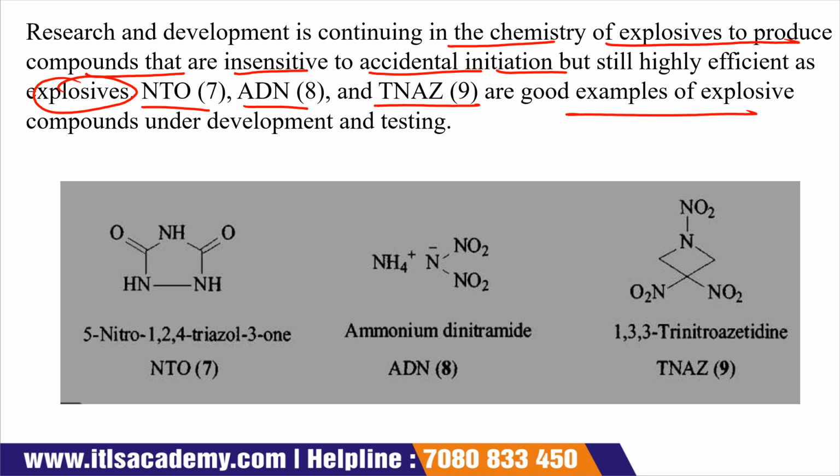These are the structures of NTO 7, that is 5-nitro-1,2,4-triazol-3-one, ADN, ammonium dinitramide, and TNAZ 9, that is 1,3,3-trinitroazetidine. So this is all about the introduction to chemical explosives.